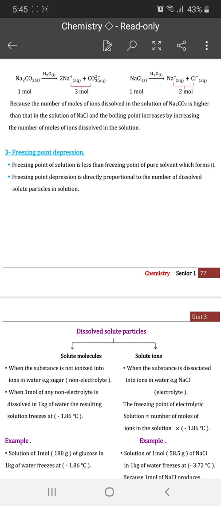For sure Na2CO3, because Na2CO3 produces 2 Na positive and CO3 negative, while NaCl produces Na and Cl. So Na2CO3 produces 3 moles, but 1 mole of NaCl produces 2 moles. So as the number of moles of ions increases, the elevation in boiling point increases.